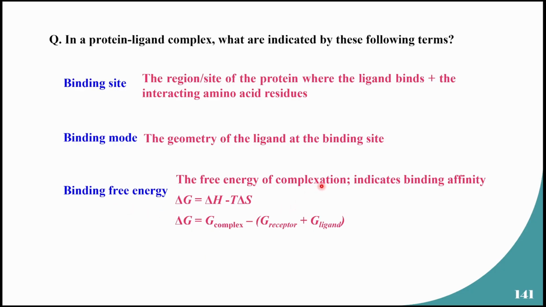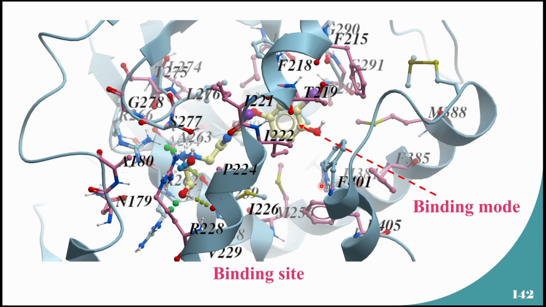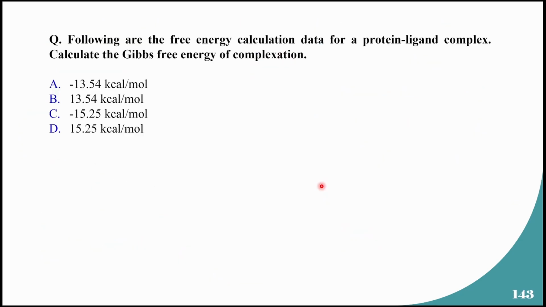So it is final minus initial. Initial is receptor and ligand separate, so the total energy of them. Final is when they are in a bound form, so that's the complex's energy. If you do final minus initial, you will get something called the delta G, or the binding free energy, which will give you an idea about how favorable your binding is.